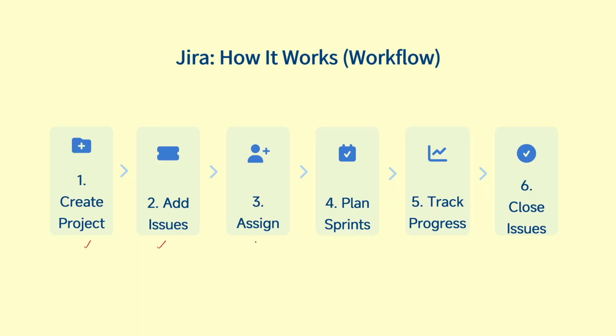Whatever kind of issue it is, it should be associated to a person. So that is what assigning is: assigning a team or an individual to a task or to an issue.